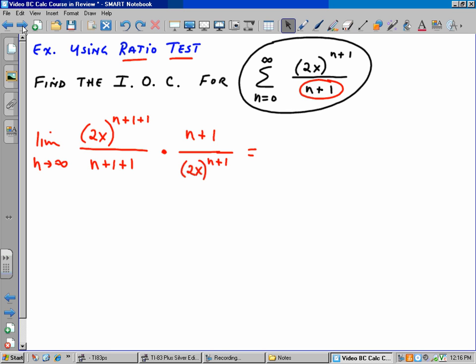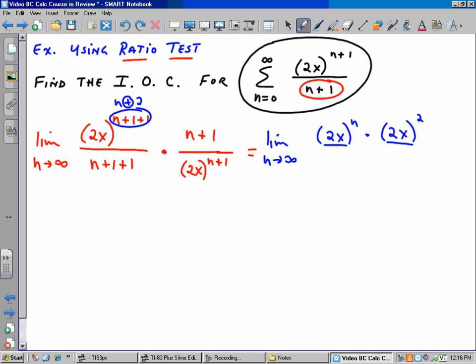So that is going to equal the limit as n approaches infinity of 2x to the n times 2x to the second. Why is that? Well, because this is n plus 2 here, and whenever I multiply with the same base, I add the exponents.